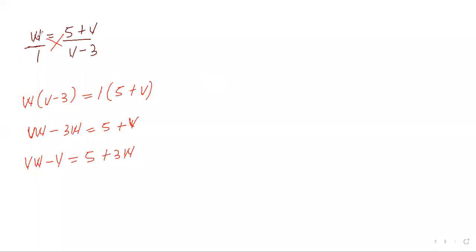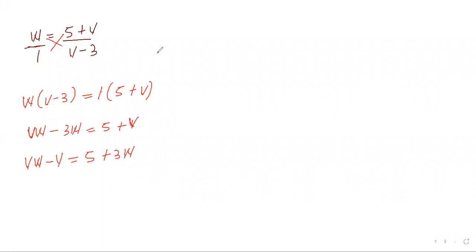So first of all, we have W over 1 is equal to 5 plus V over V minus 3, right? Zena started by saying that first of all, we have to cross multiply. And Zena said that you multiply the W times V minus 3, then 1 times the 5 plus the V, right? Then Crystal came in and said that you have to group the W at one side and the V's at one side, right?